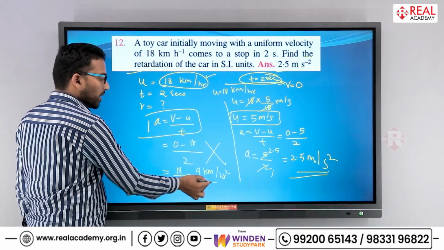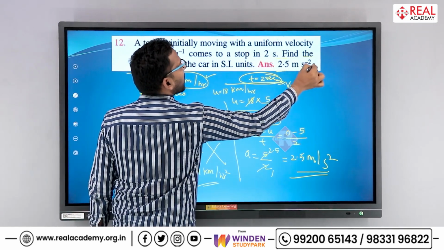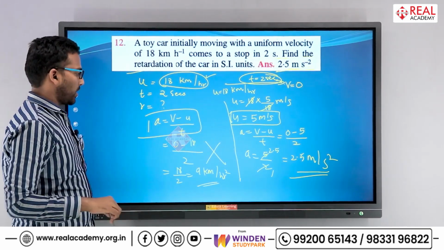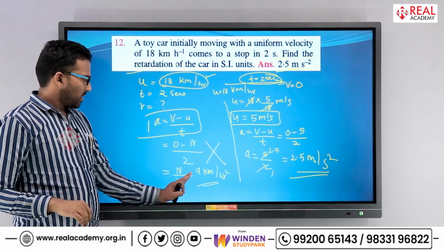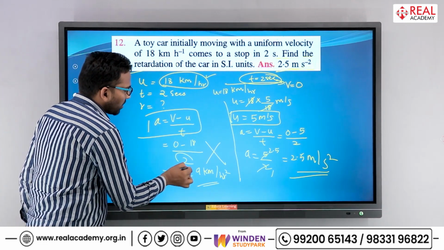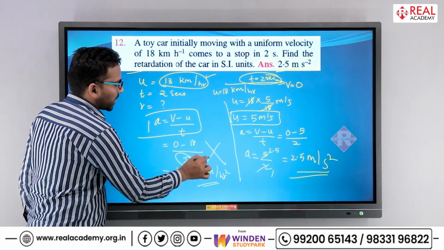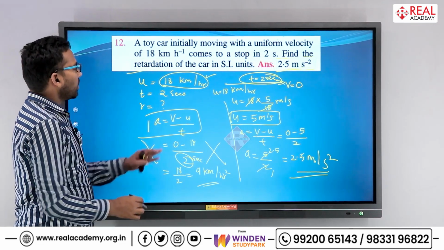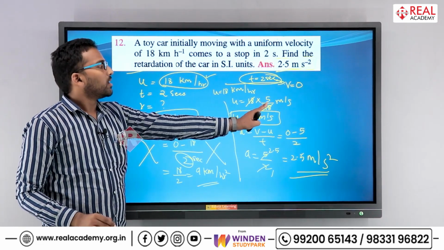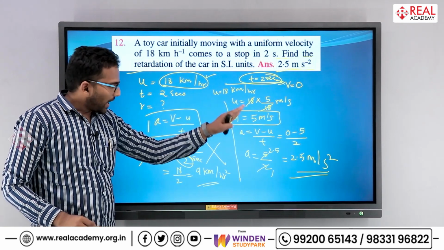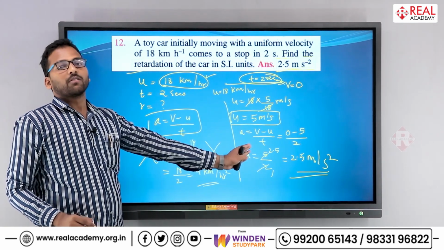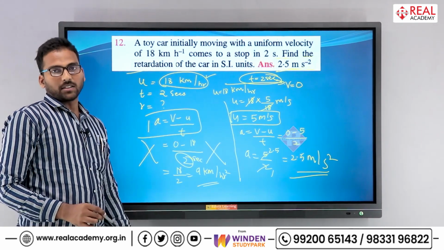They have asked us in SI unit, that is meter per second square, right? This was not right actually, because here the given data is in kilometer per hour. So don't go by this. First convert in terms of meter per second and then apply all the values in the given formula and then you will get the answer, right?